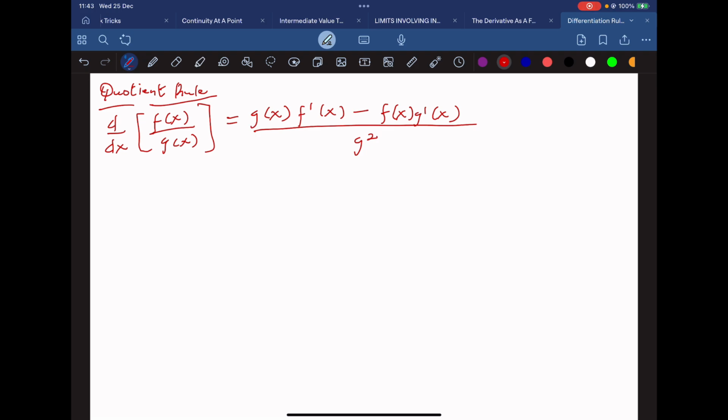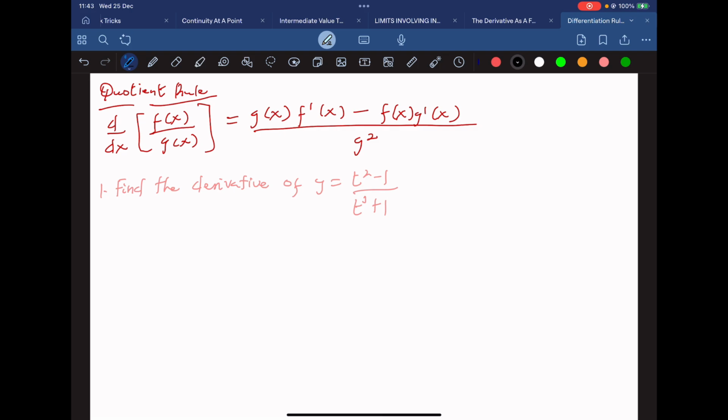So let's use this idea also to solve a question. So we have to find the derivative of y equals t squared minus 1 over t cubed plus 1. Note that over here we can't use the product rule, right?